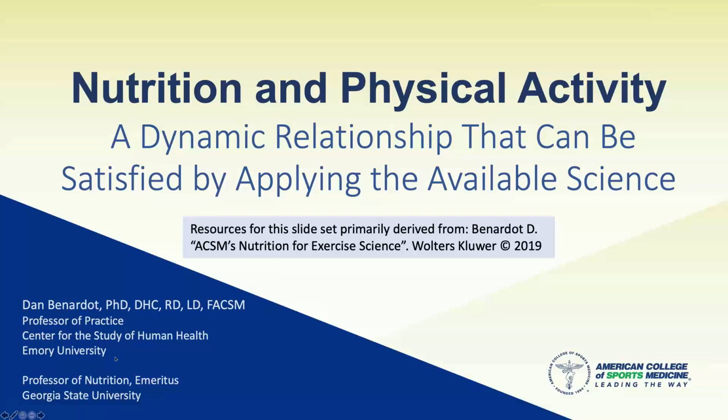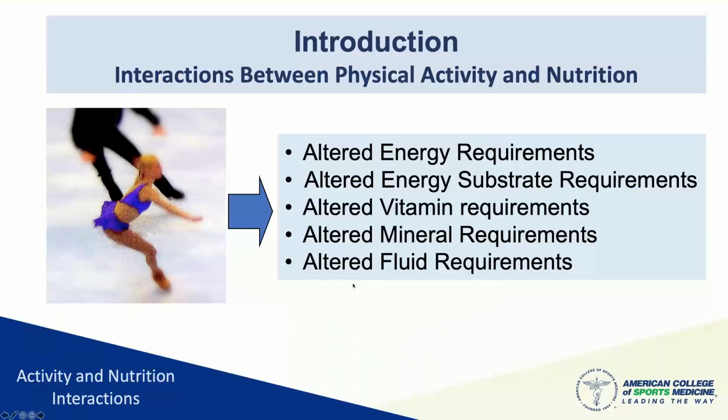To begin with, this may seem obvious, but even though it may seem obvious, the way people respond to these things is not particularly good. There is a big interaction between physical activity and nutrition. This interaction alters energy requirements.